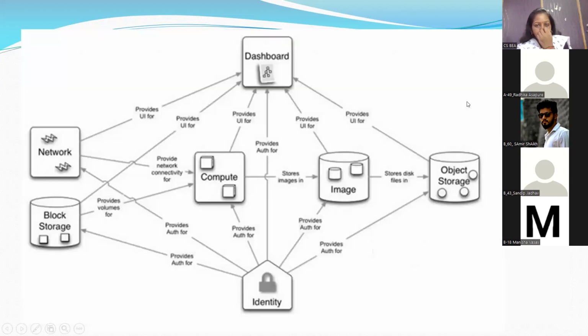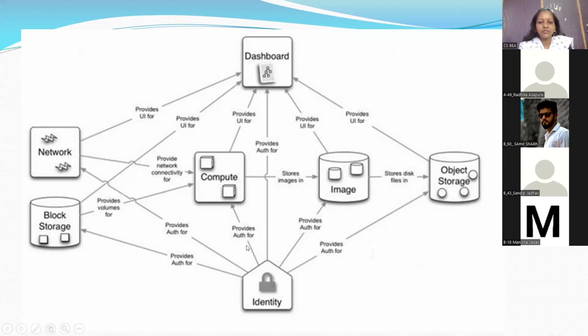Okay. So here is the architecture for OpenStack. Here is the dashboard, compute, image, object storage, network, block storage, and the identity. The detailed services provided by each of them we have seen in the last lecture.